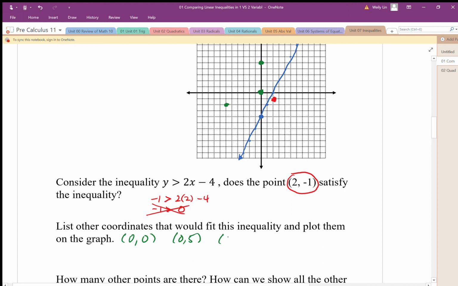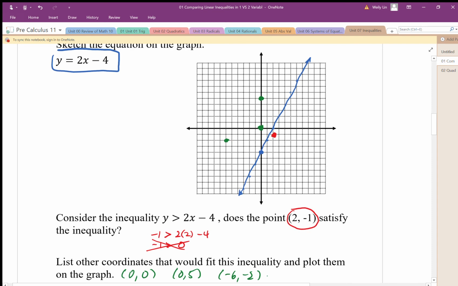So -6, -2, plug it into my inequality. -2 is bigger than 2 times -6, which is -12, minus 4 is -16. So is -2 bigger than -16? Yeah, that works. So all three of these green points fit the inequality.